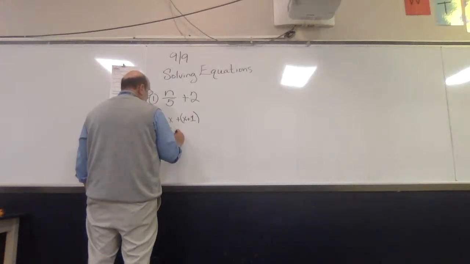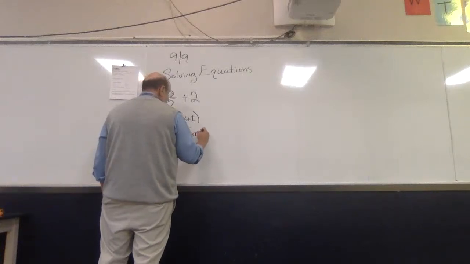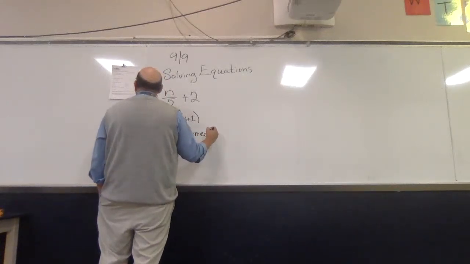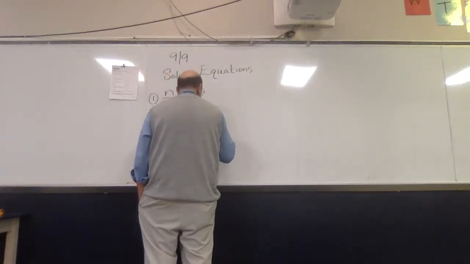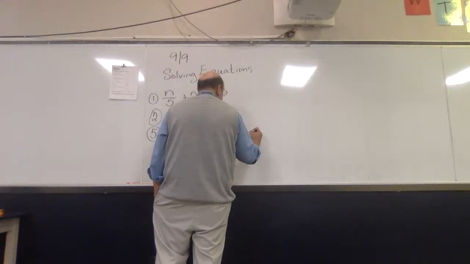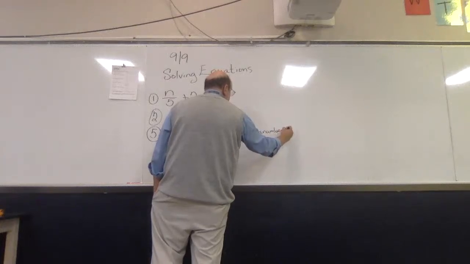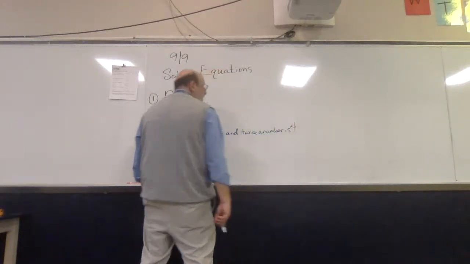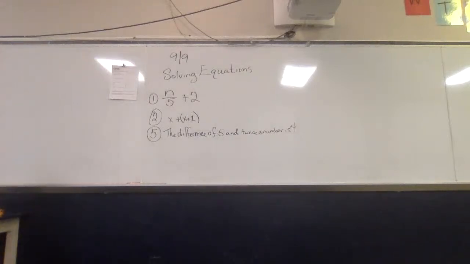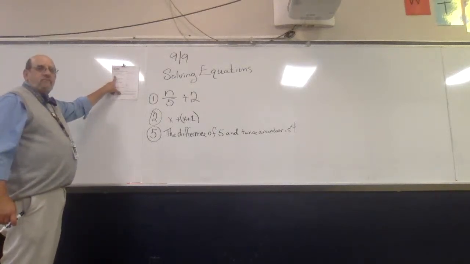Okay, the difference of 5 and twice the number is 4. Now, you ready? I'm going to scare you. Look at your paper and say number 5 out loud. 5 minus 2x equals 4.